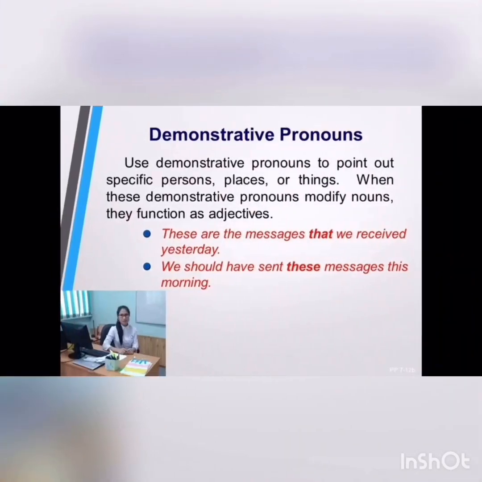We use demonstrative pronouns to point out specific persons, places, or things. When these demonstrative pronouns modify nouns, they function as adjectives.